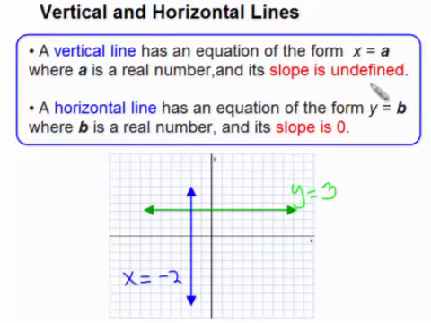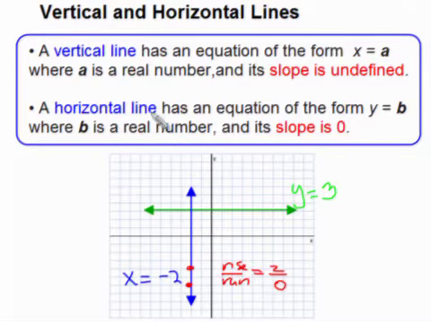And its slope is undefined. Meaning, if we took any 2 points on this line and we tried to find the rise over the run, well, in this case I have a rise of 2, but any 2 points that I would pick, my run would be 0, and I would be dividing by 0, and that's why the slope is undefined for a vertical line.